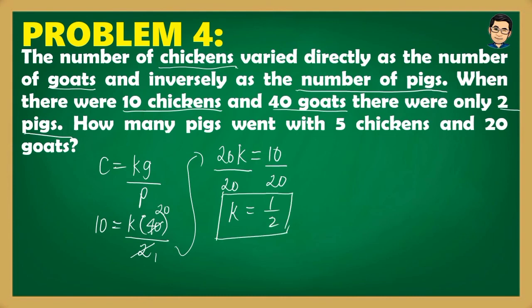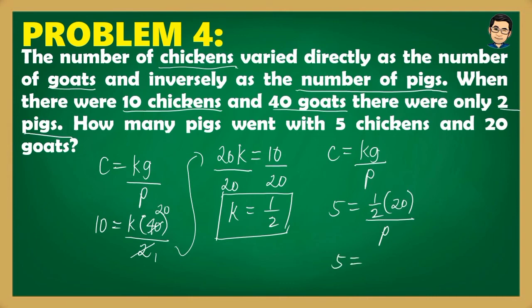Now, how many pigs went with 5 chickens and 20 goats? So, using the same equation, C is equal to kg all over P. So, given yung number of chickens, which is 5, and then K is 1/2, times the number of goats, which is 20, all over P. Next, 5 is equal to 1/2 of 20.